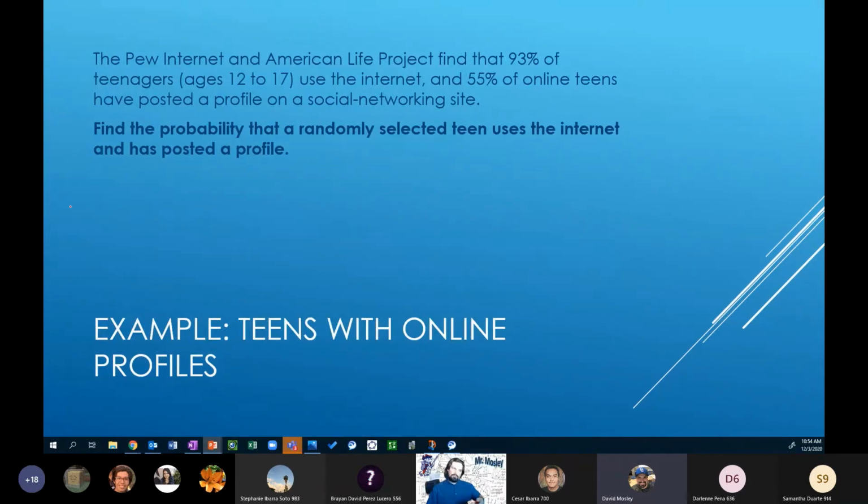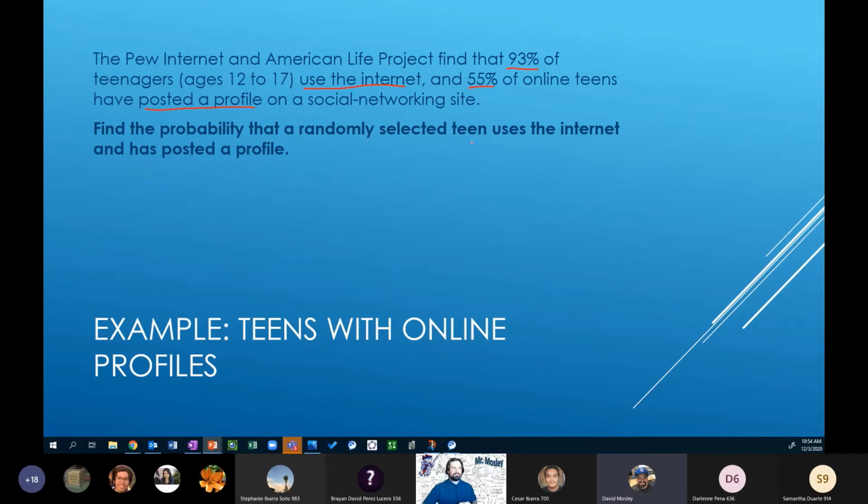So then, let's look at an example. The Pew Internet and American Life Project finds that 93% of teenagers ages 12 to 17 use the internet, and 55% of online teens have posted a profile on social networking.